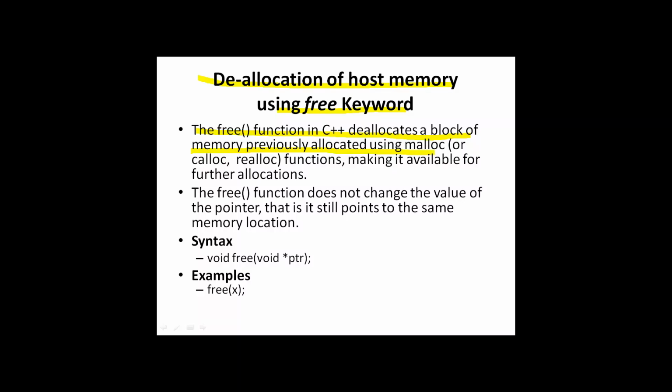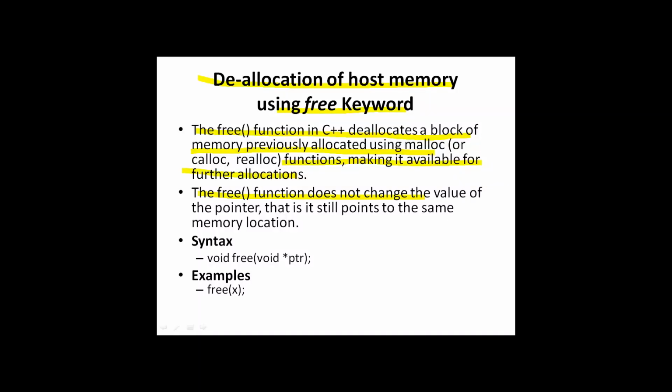Delete is used to deallocate the memory which was allocated using new, and free is used to free the memory which was allocated using the malloc, calloc or realloc functions. But presently, in the subsequent programs we'll be using malloc only. So it is freed so that it is available for further allocations.